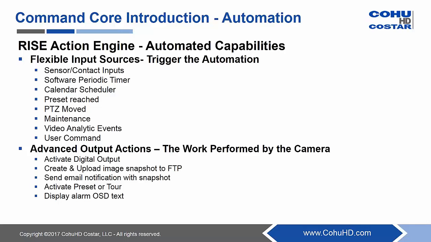Some of the input sources that can trigger the automation are sensor contact inputs. The RISE camera systems have 4 digital I/Os that you can configure either as inputs, outputs, or a combination of those. There's a built-in software periodic timer that you can set for a few seconds or a few minutes, and each time the timer goes off, that triggers an event that the camera will do something.